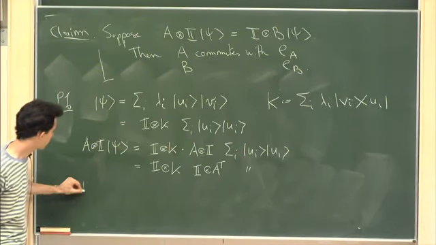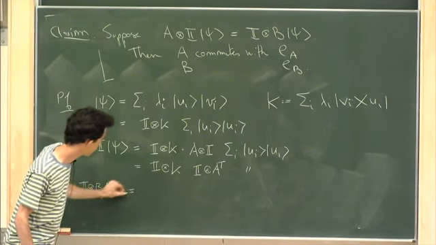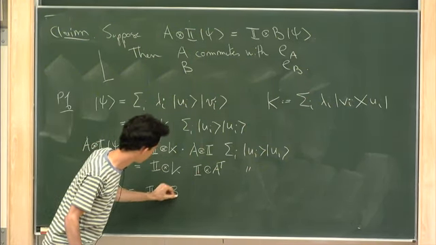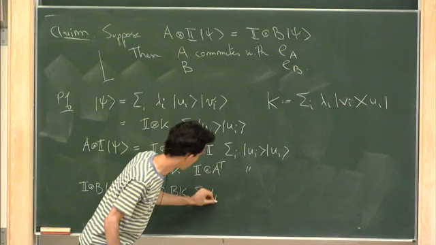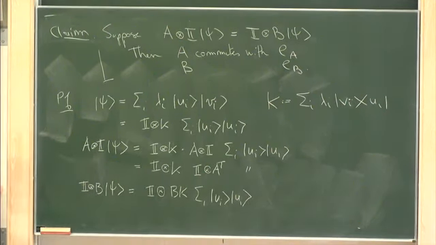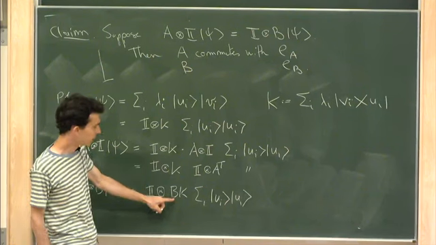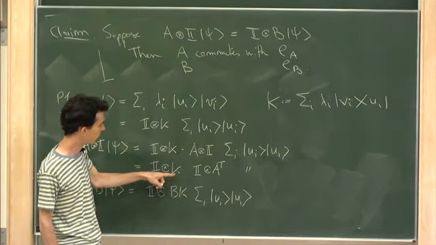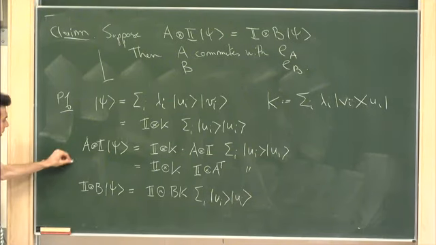Now when I look at identity tensored B applied on psi, well, this is simply identity tensored BK applied to the sum over i of u_i u_i. And then again using the fact that the state is the maximally entangled state, here I have an operator BK that acts on the right hand side of the state, and here I have another operator K A transpose that acts on the right hand side, and the two vectors by assumption are equal.